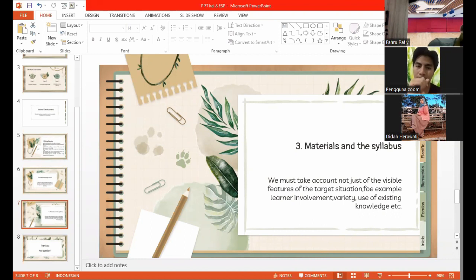For example, learner involvement and variety in use of existing knowledge, and a model must be able to ensure adequate coverage through the syllabus, of all the features identified as playing a role in the development of learning.